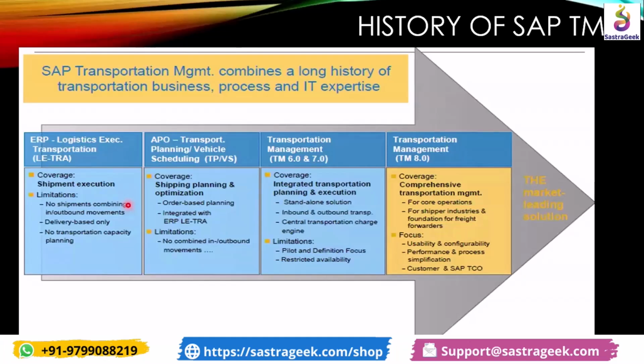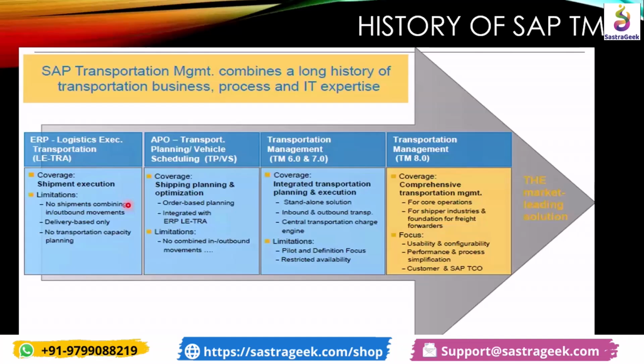And that is where they thought of scrapping all this and building TM from scratch. And that is where TM started its journey with features of LE plus APO plus additional features which you might expect in the present versions or in the future based upon business opportunity.